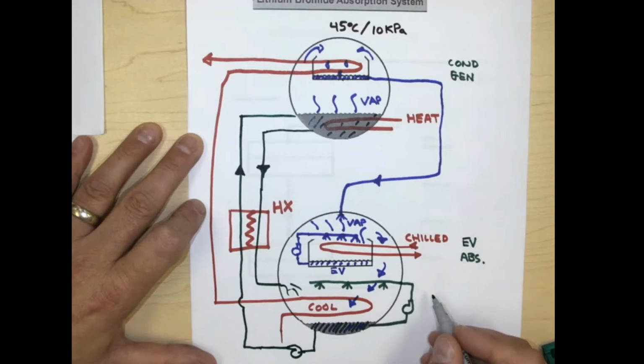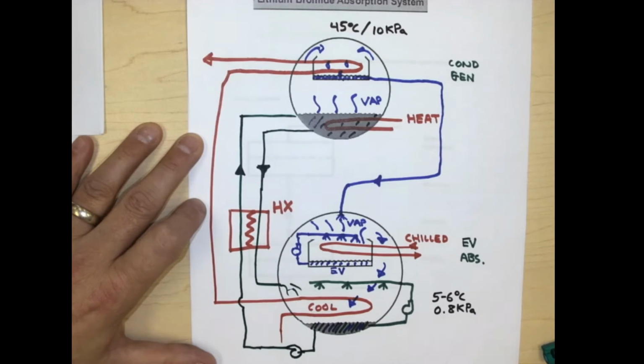And my lower vessel probably sitting somewhere around 5 to 6 degrees, and maybe 0.8 kPa, something like that. Absolute, right? Yes, it is. So that's absolute pressure. So pretty close to a vacuum.